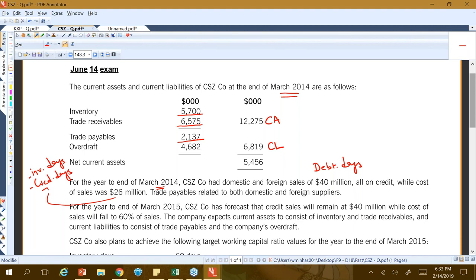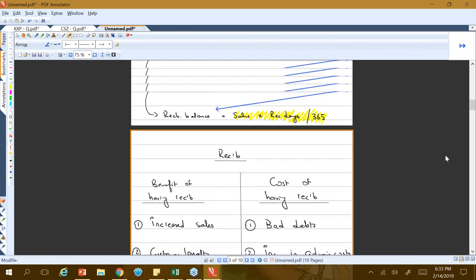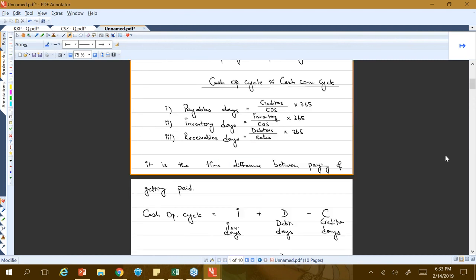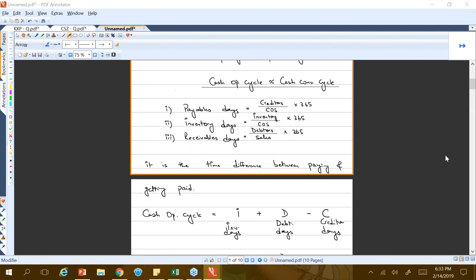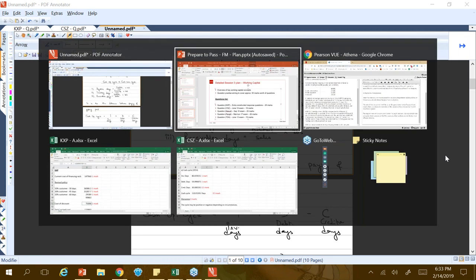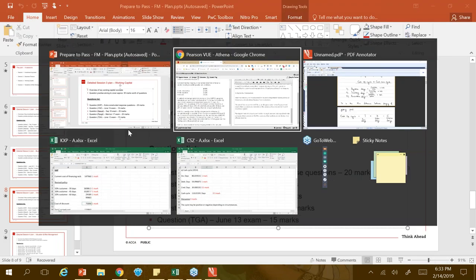So what I want you to do is to go to the calculation of cash operating cycle. I want you to calculate for me the payable days, inventory days, and receivable days in this question. So let's do that together.